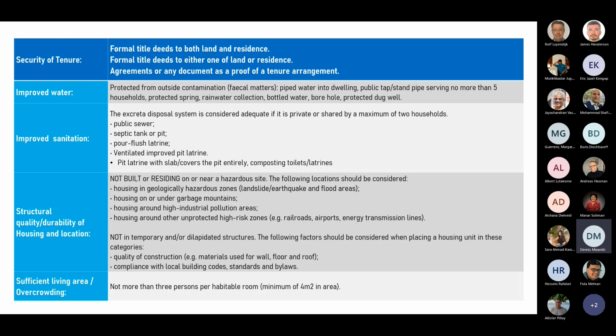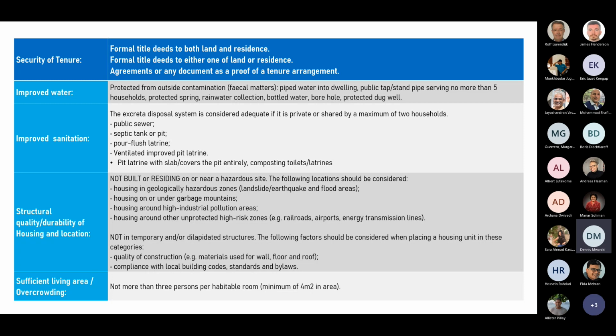Just a quick summary of what all these things mean. Starting off with the security of tenure, of course, here we consider 2 things. One is a formal document on either the land or the residence. This could be a title deed, a certificate, or other forms of locally recognized ownership documents.